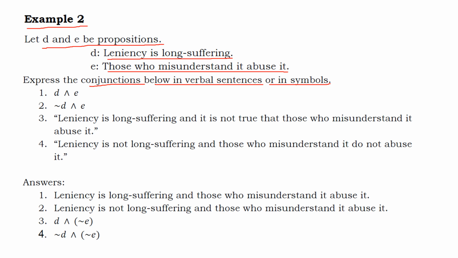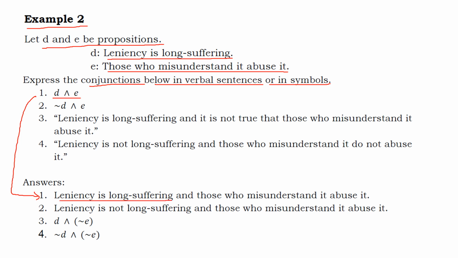The given is the conjunction of your propositions D and E. So how can we express this one in words? As you can see, what will be your proposition D? Leniency is long-suffering.